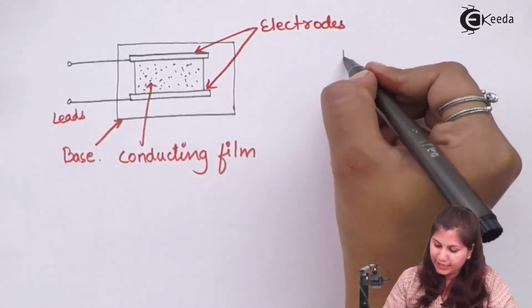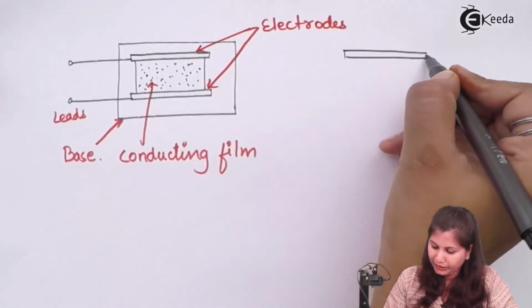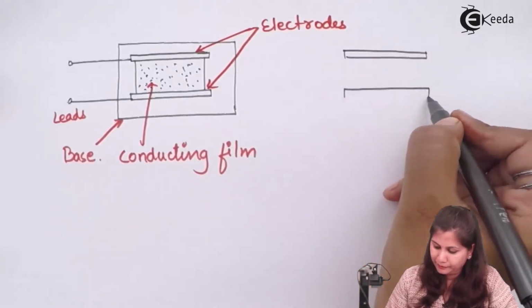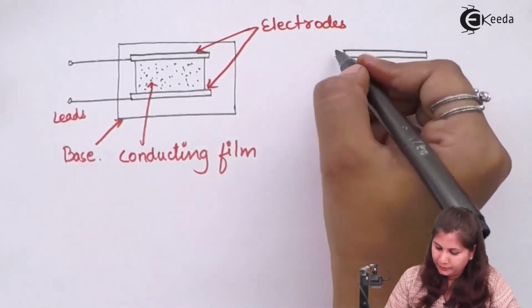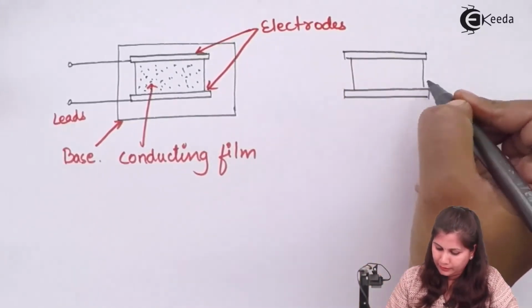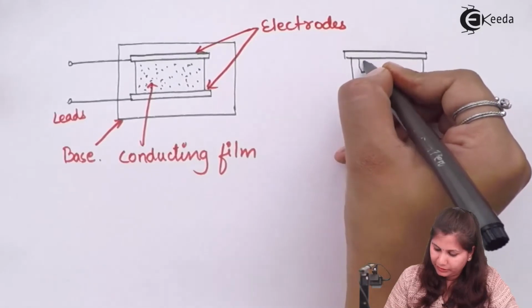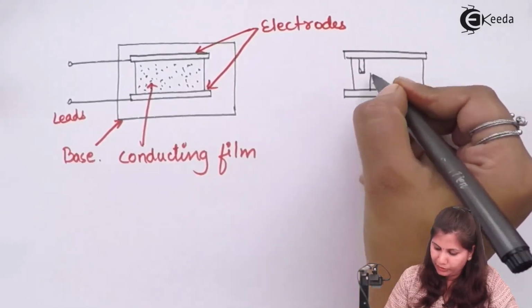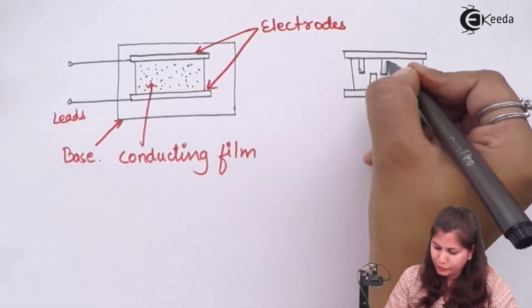Another arrangement is that again we have two electrodes, but here we have the conducting film in the form of a zigzag portion.